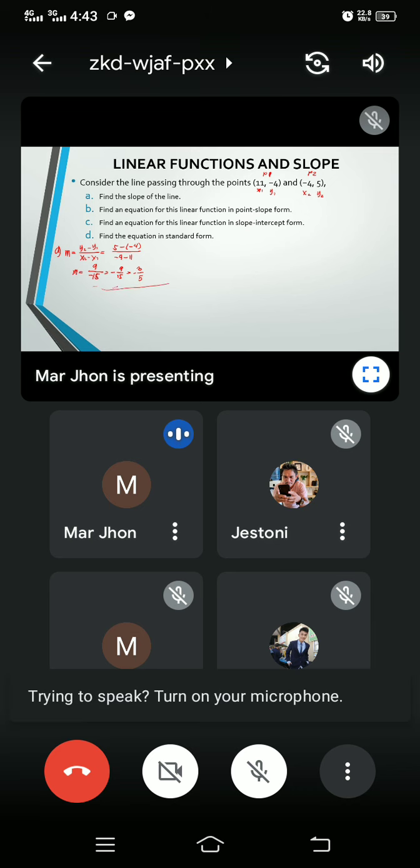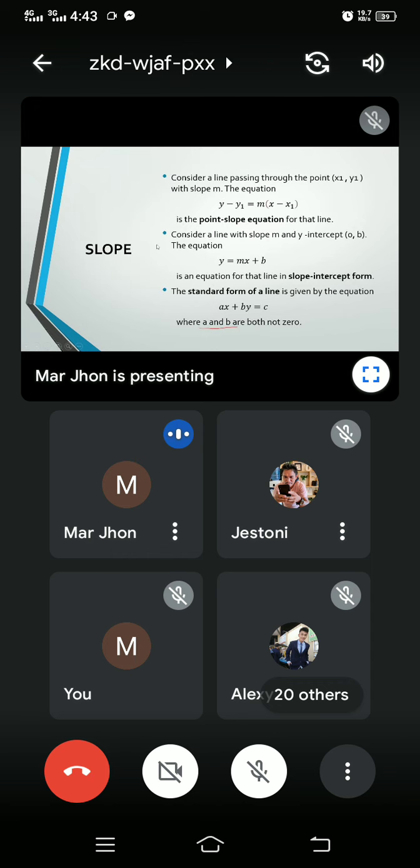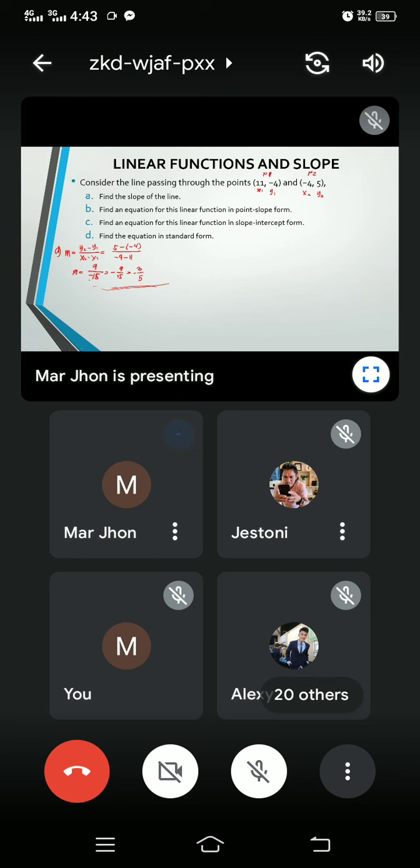So, that's the answer. Second is find an equation for this linear function in point slope form. So, point slope form is this one. So, you have y. So, let's take this one, point 1. So, y minus y sub 1 which is negative 4 is equal to the slope which is negative 3 over 5, then x minus x sub 1 which is 11.